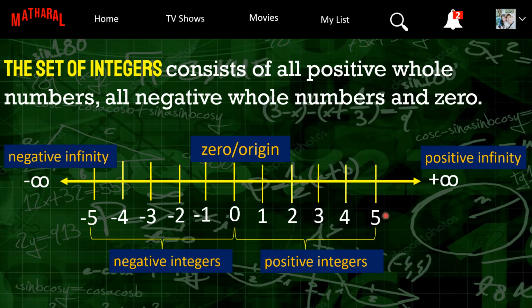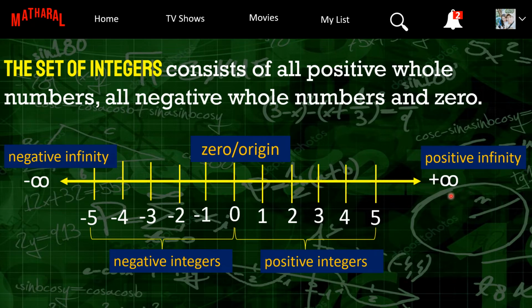We already know that there are numbers greater than 5. So, if we're going to count continuously, we can go to positive infinity. Ayan po. Meaning to say, there are more numbers, succeeding numbers right after 5, up to positive infinity.